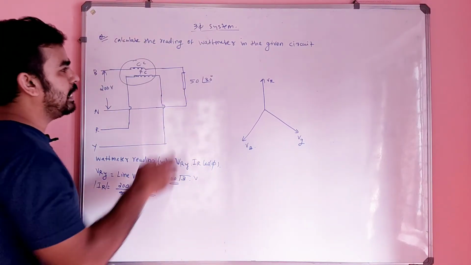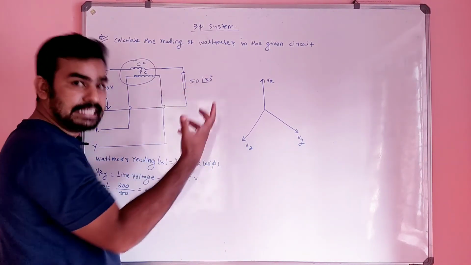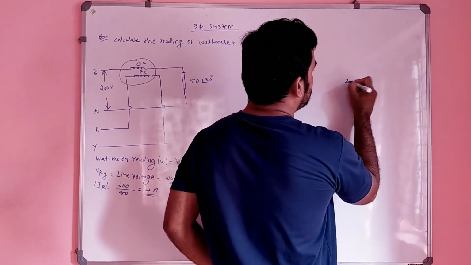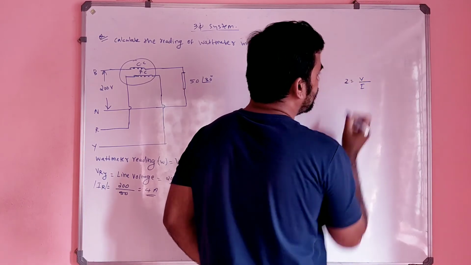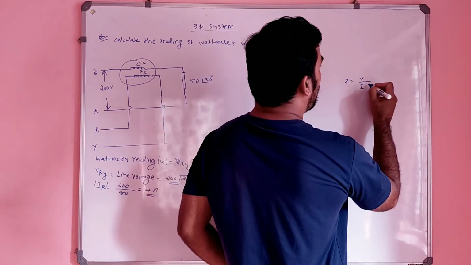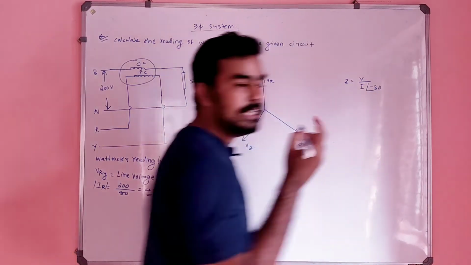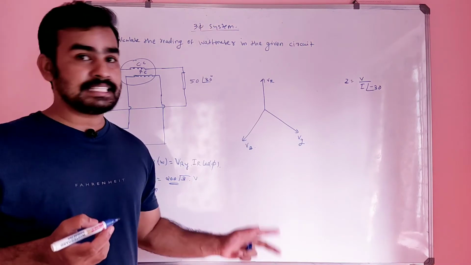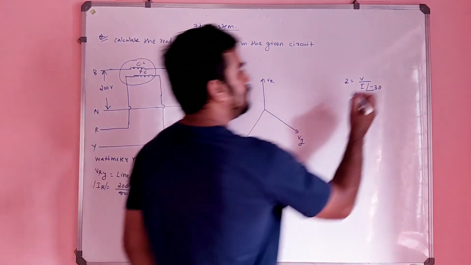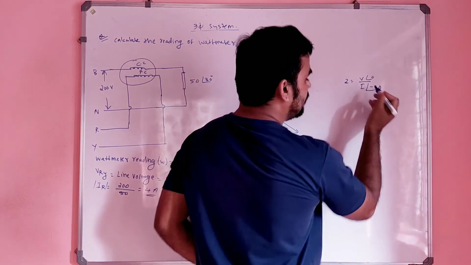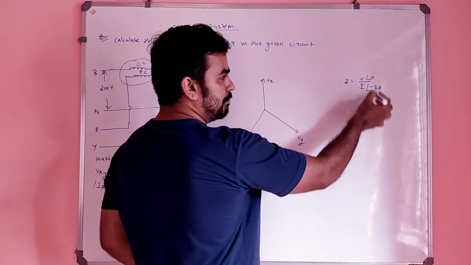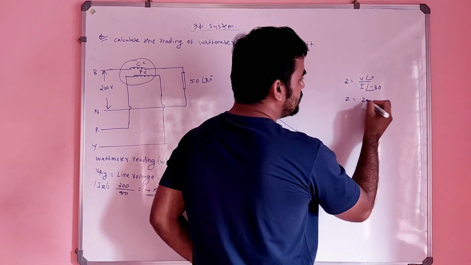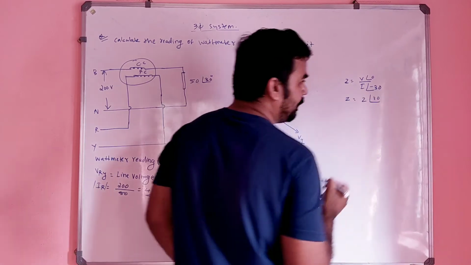It is given in the question that the impedance is 50 angle 30, which is obtained by Z equals V by I. Only if the angle is minus 30 in the denominator, with V angle 0 and I angle minus 30, will Z be equal to Z angle plus 30.